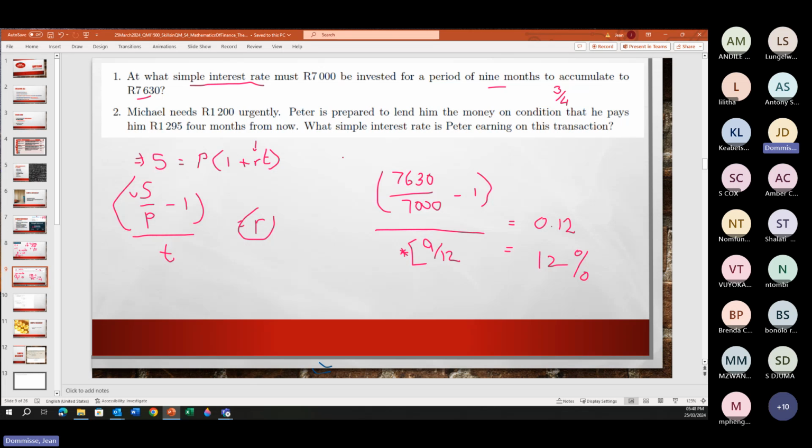Here they also talk about the simple interest, so you can also use this formula as we have here. So just quickly write on a page or see if you're happy to look at that and see what you would do.